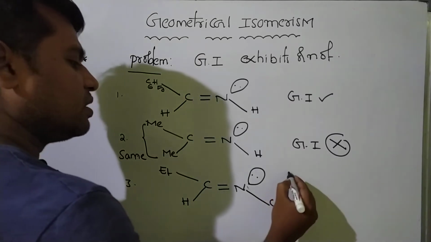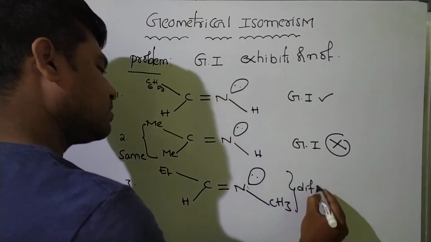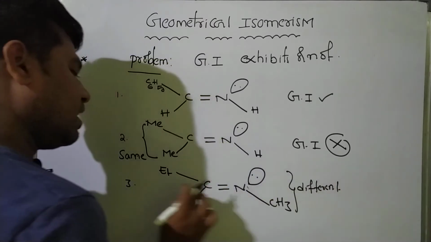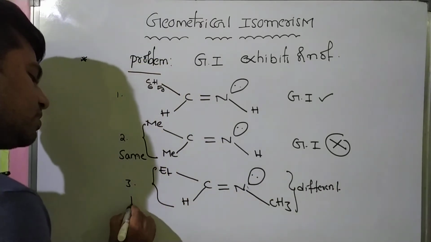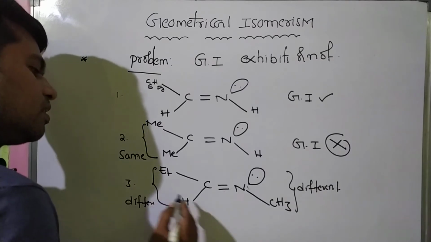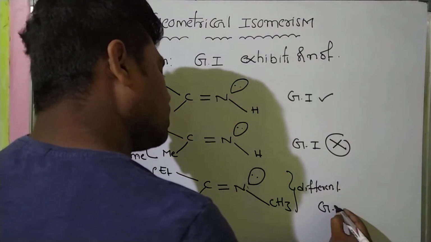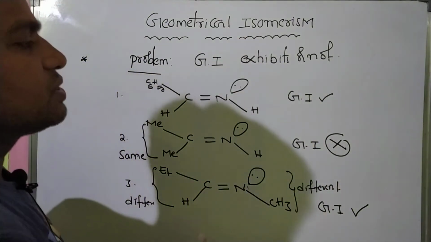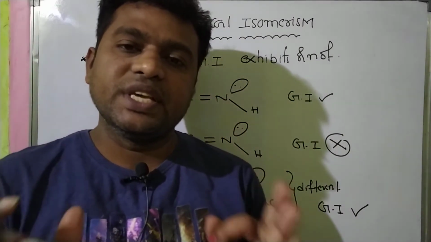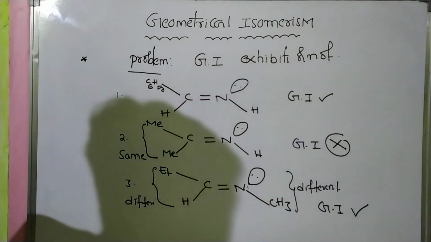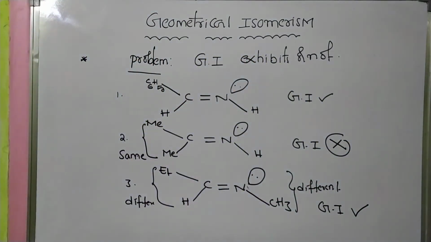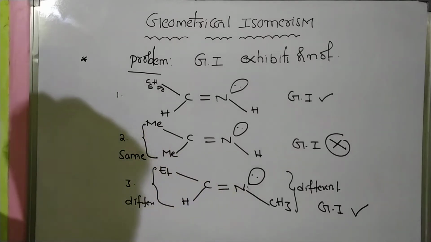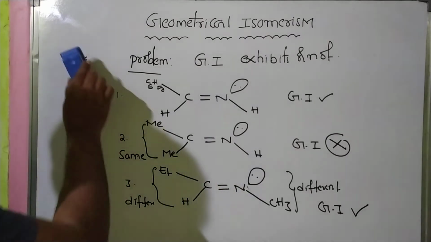Here also these two groups are different and these two groups also different. Definitely this molecule will give geometrical isomerism. Please note these examples. These are very, very important for Z and NEET. Okay, students.